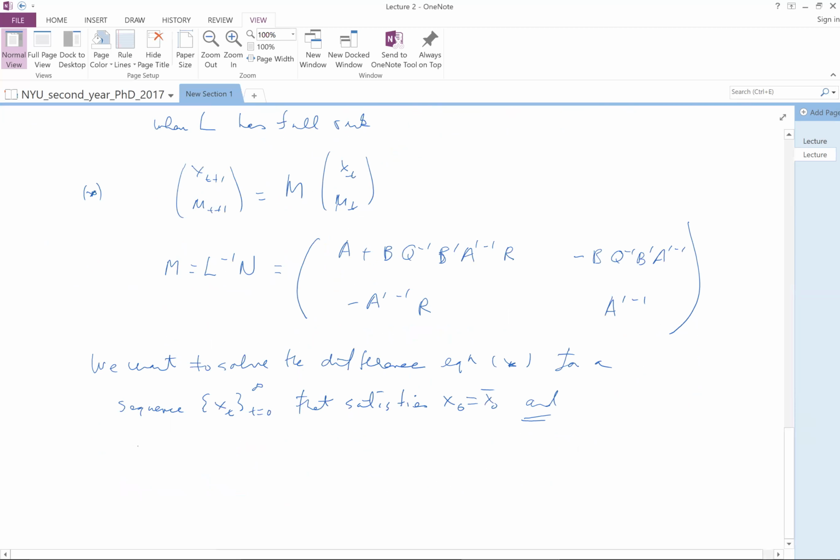And we want limit as t goes to infinity of xt to be 0. We're going to impose stability. This is the counterpart of a transversality condition. The logic that we use to get it is the stability argument we went through in the last lecture. Okay, so that's what we want.